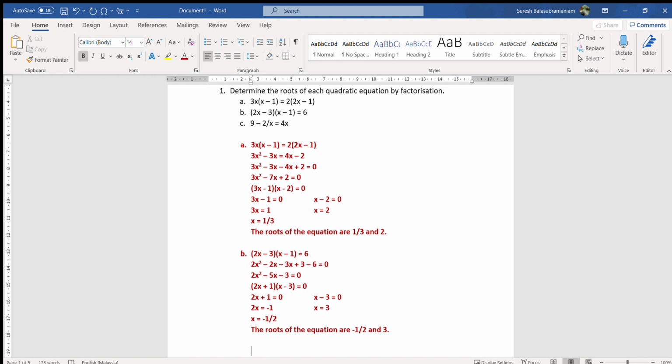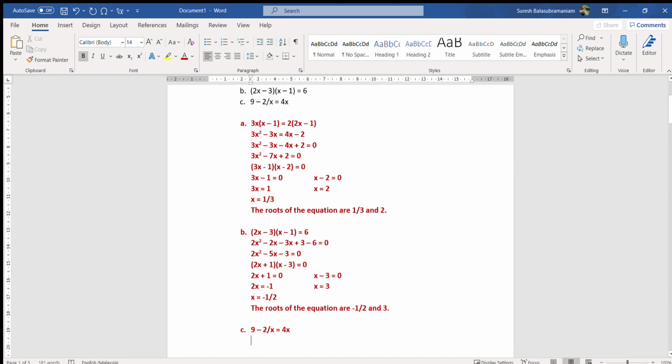Move on to C. C is 9 - 2/x = 4x. So I'll multiply this equation with x to eliminate the denominator x in negative 2 over x.